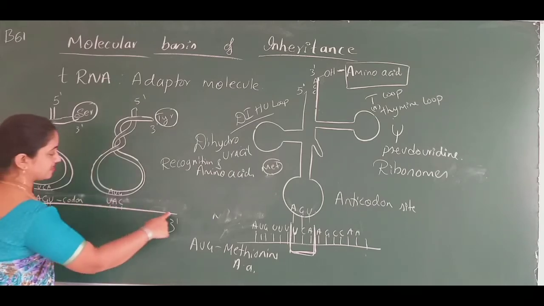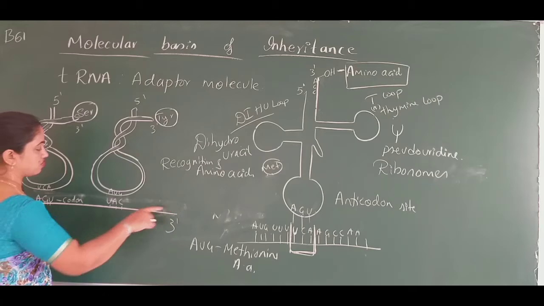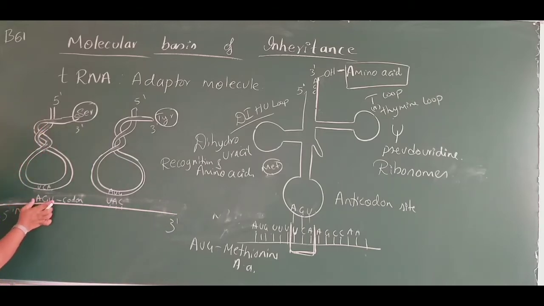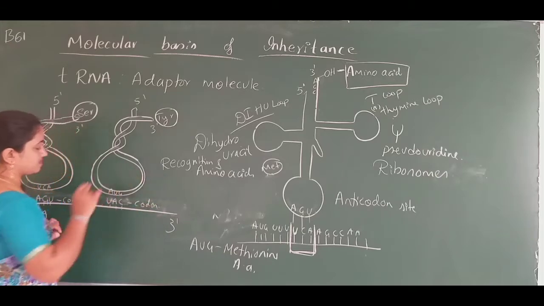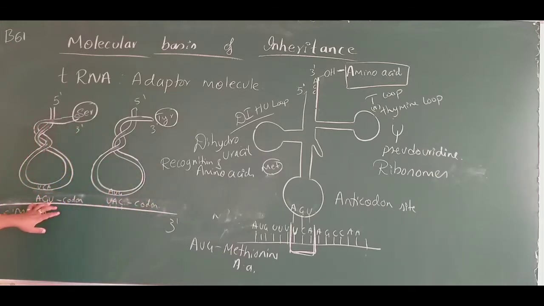A number of triplet codons will be there. Only they have selected 2 random triplet codons, right? And this is one codon. So to this codon, the UCA anticodon comes and binds like this.